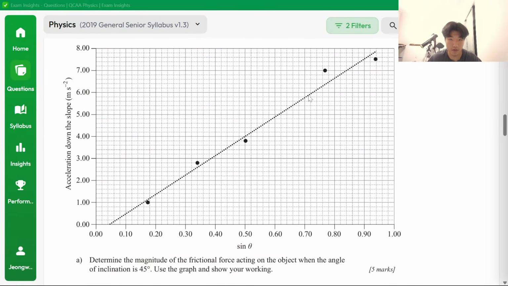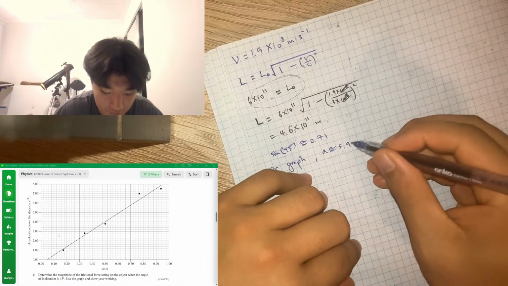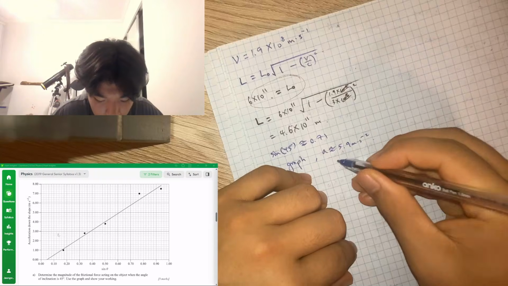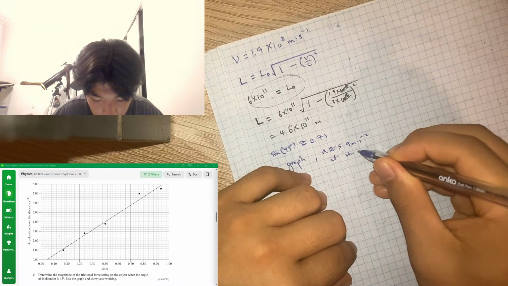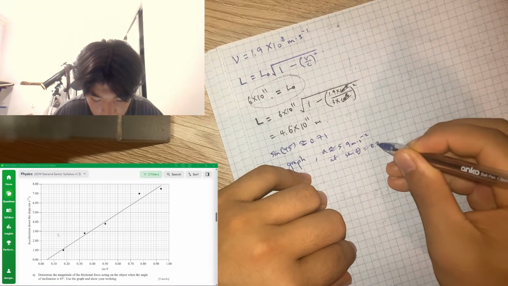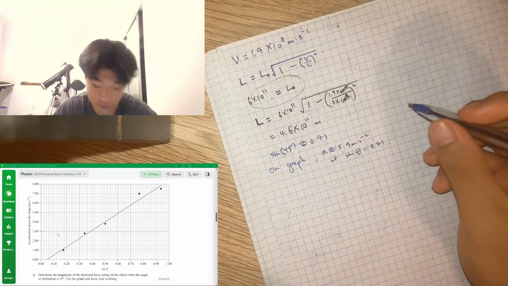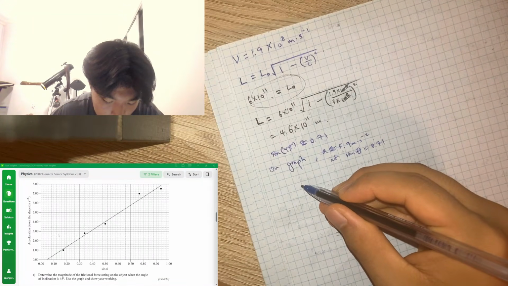So if we go over here, it's roughly 5.9 meters per second squared at sine theta equals 0.71. Okay.